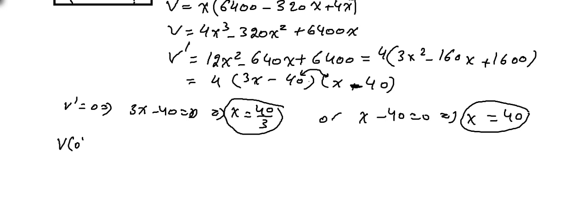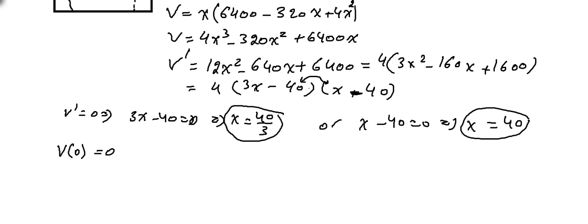Volume when x is 0 is equal to 0, because if we substitute 0 instead of x in volume, we get 0. So we have a point 0, 0. What else endpoint? We have 40, right?